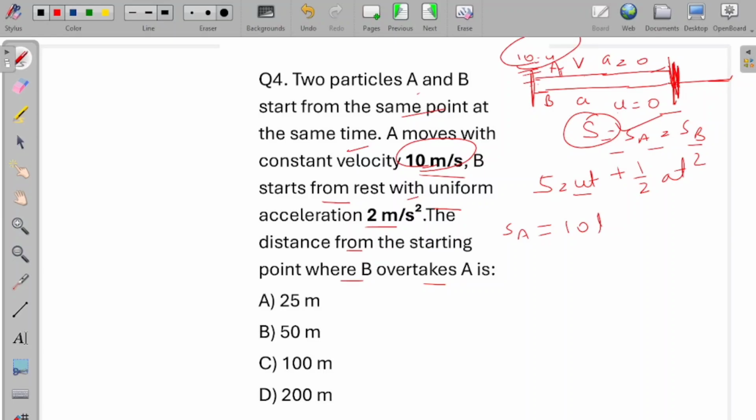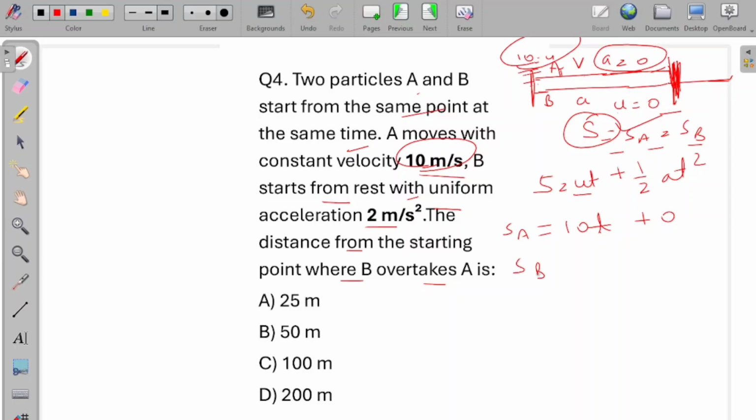So 10t plus half a, acceleration of A is 0, so plus 0. Also, we will use the same expression for time, because by the time they reach this point, the same time has been taken by A and B both, right? So we are taking t as the expression for time for both of these.